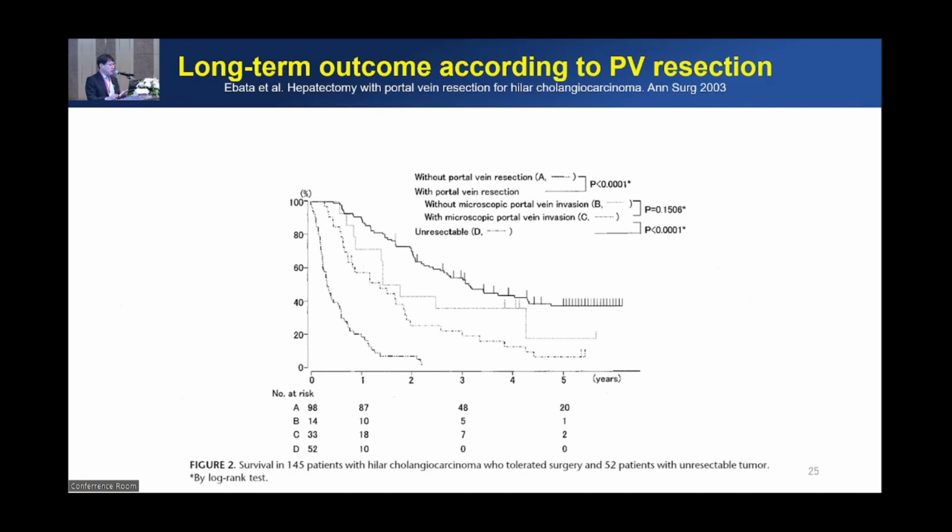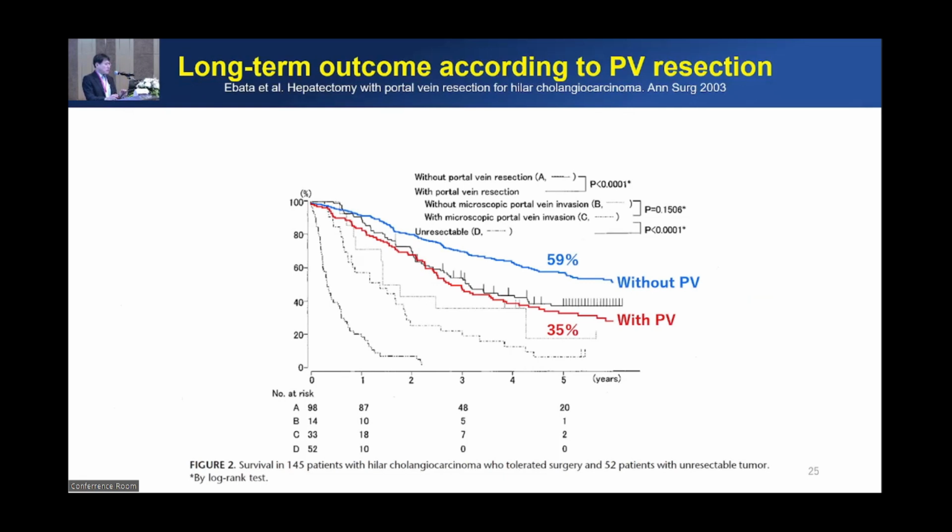I summarize portal vein resection cases. This is a non-portal vein resection case, and just two graphs as a portal vein case. But survival is only 20%. But now our result is here.